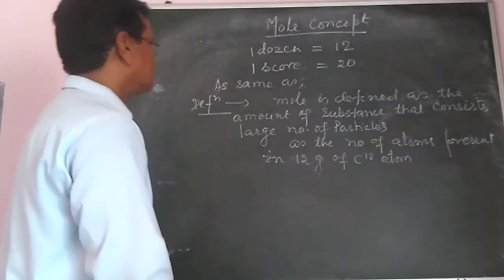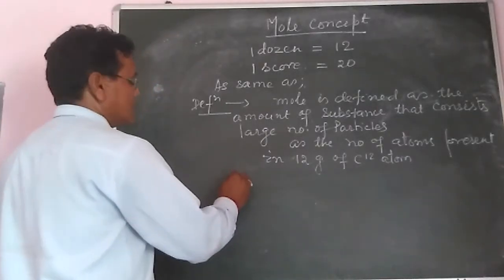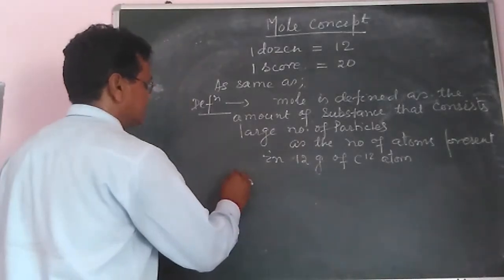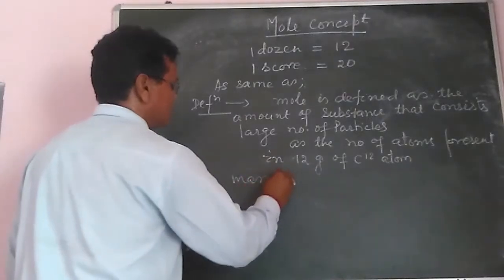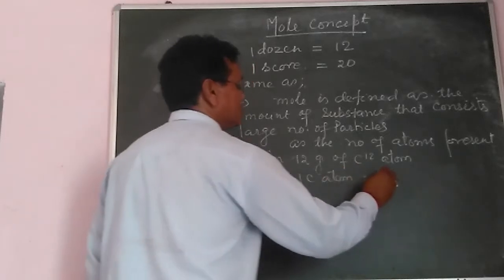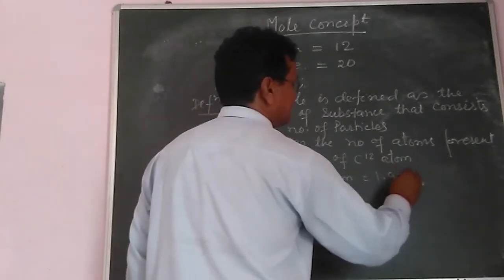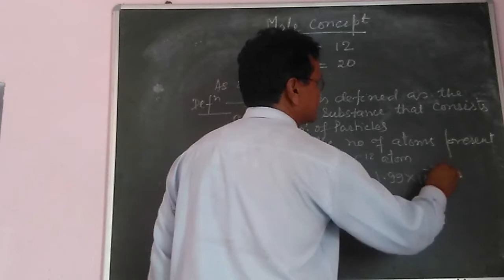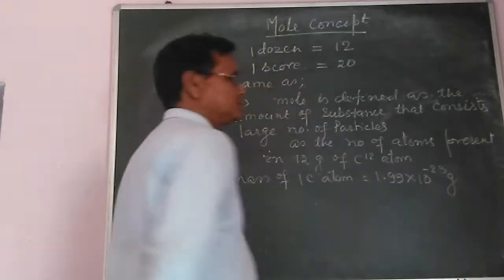As we know, the mass of 1 carbon atom is equal to 1.99 into 10 to the power minus 23 gram.